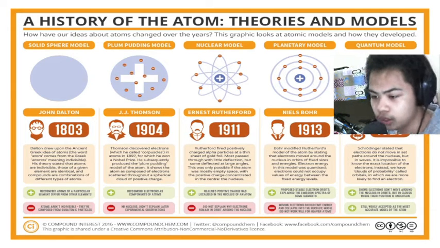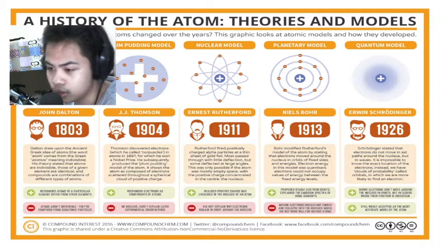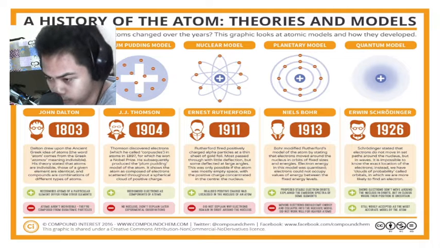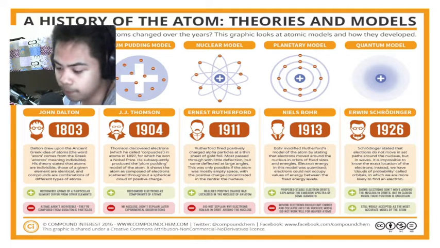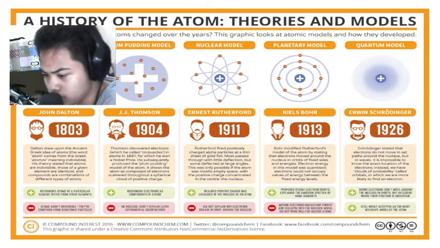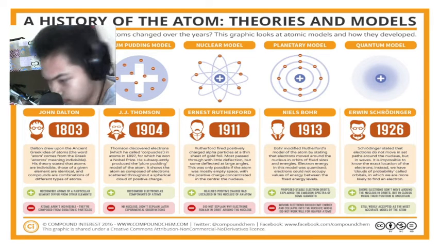The next one is Niels Bohr's model. This is also called the planetary model because it is also revolving the negative electrons around the nucleus. So Bohr modified Rutherford's model. Like we said, they shared some similarities.